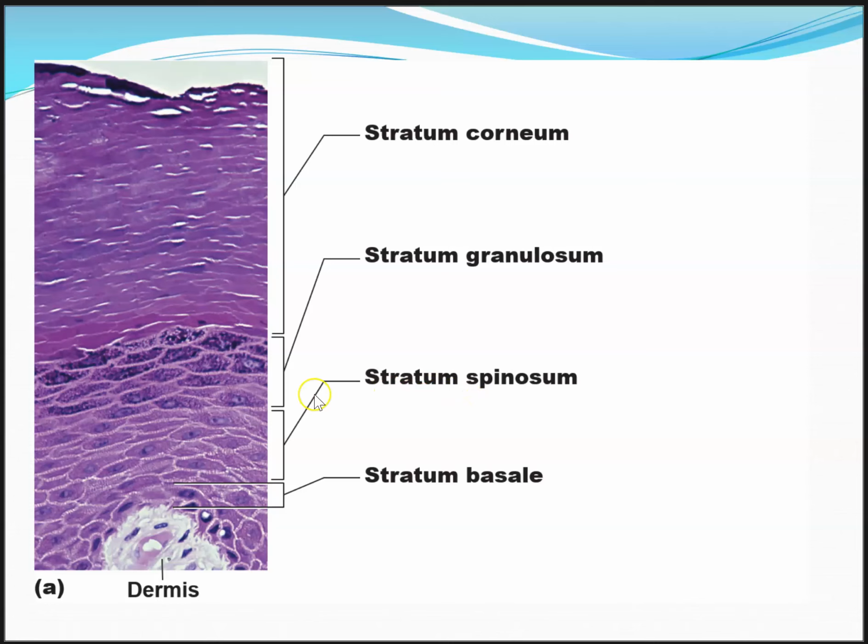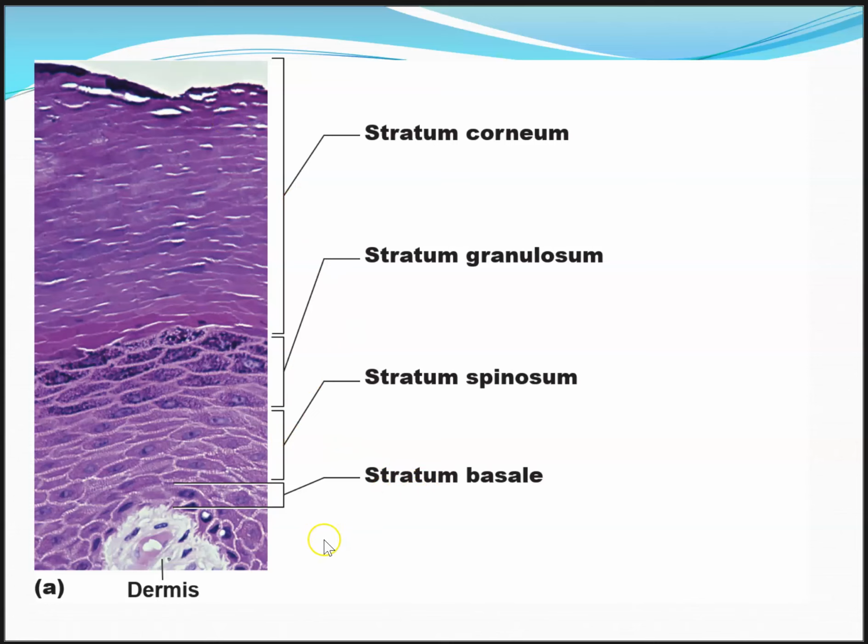So it's in the stratum spinosum that you contain pre-keratinized cells. So as they move up the surface, the keratinocytes get really, really active, and keratin covers the skin surface in the stratum corneum. Now the bottommost layer is stratum basale.